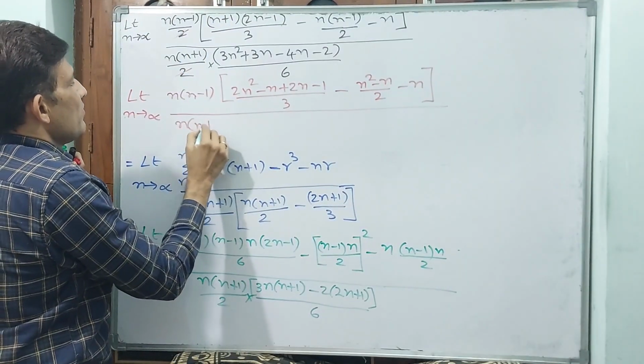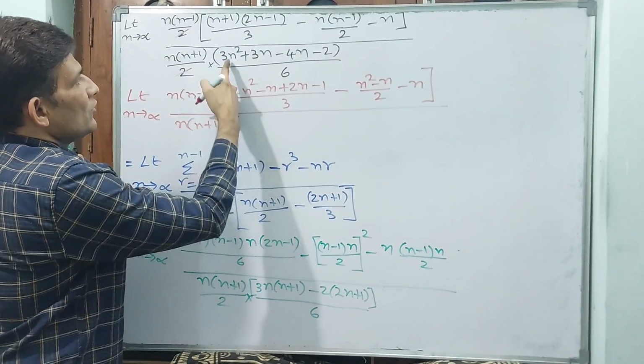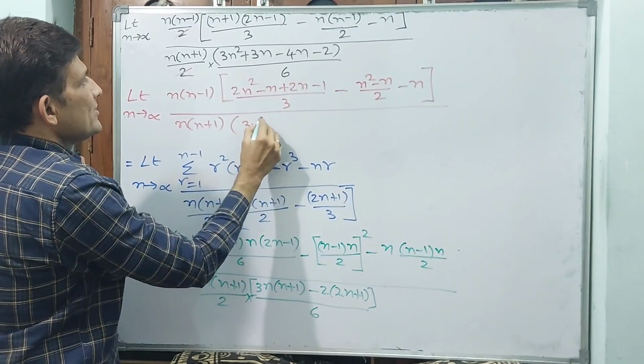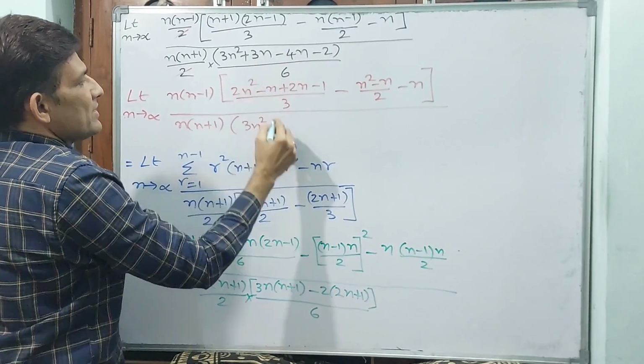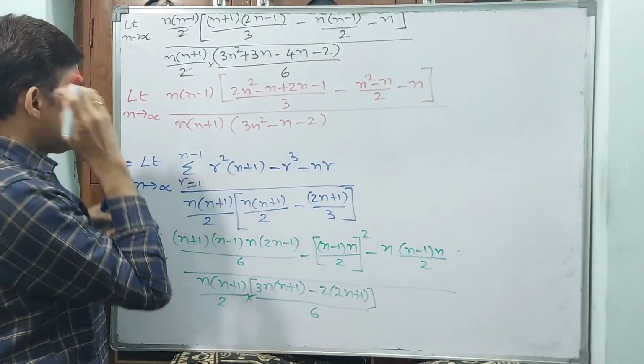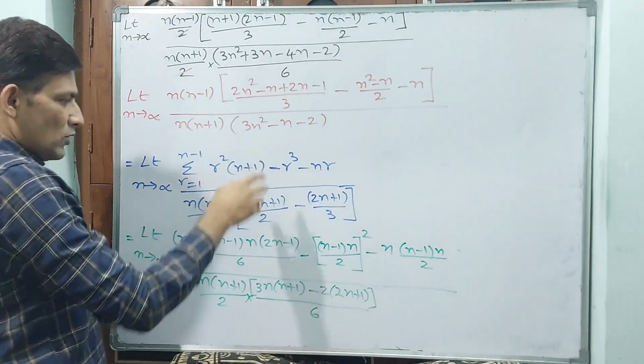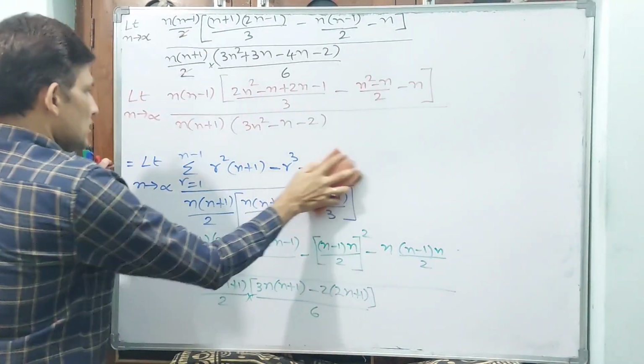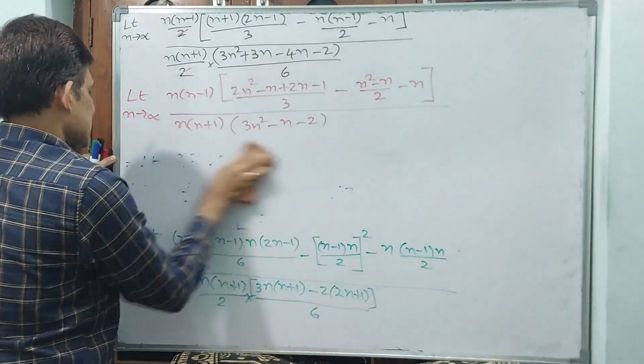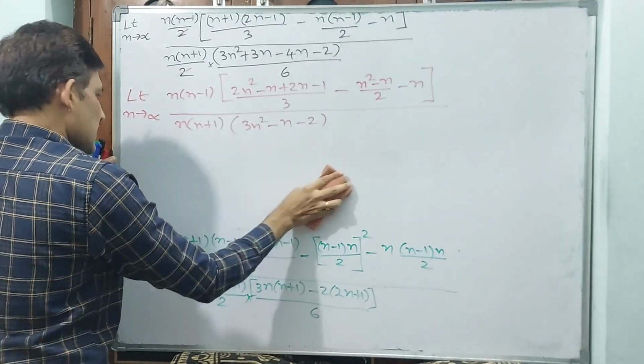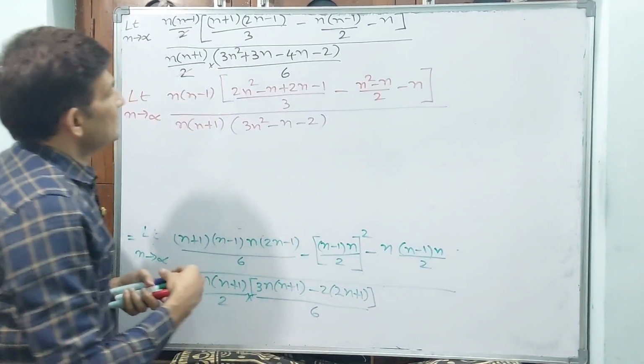N into n plus 1, you see 3n square, minus 4n plus 3n minus n minus 2. Now I am going to remove this blue color also. 1 by 3 has to come finally as the answer. If that has come, okay, or else we have done wrong and we have to think.